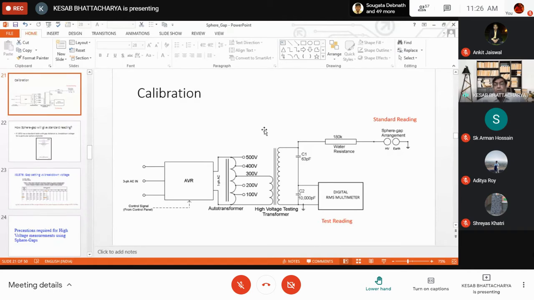Now again, you see on the high voltage side of the testing transformer, two capacitors are connected in series. One is C1 having a value of 63 picofarad, and the other one is C2, 10,000 picofarad.